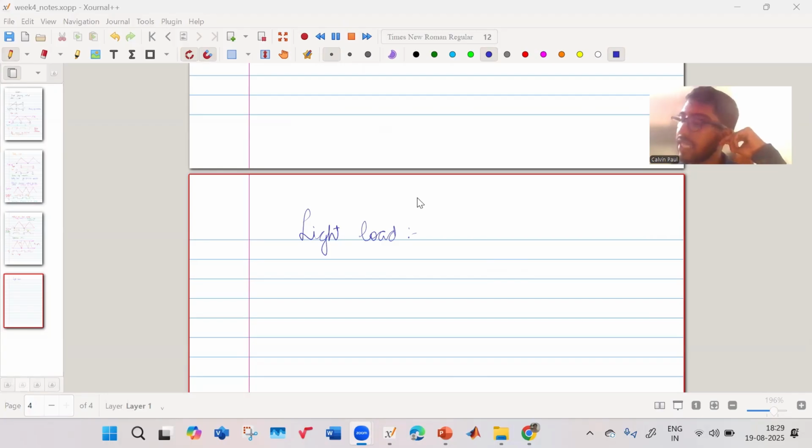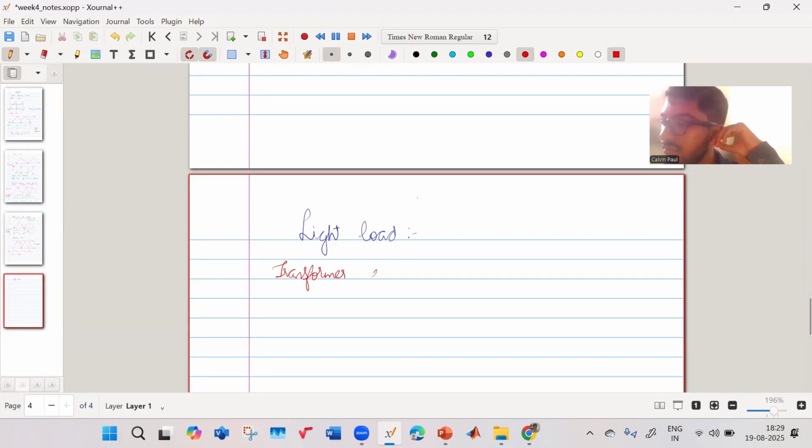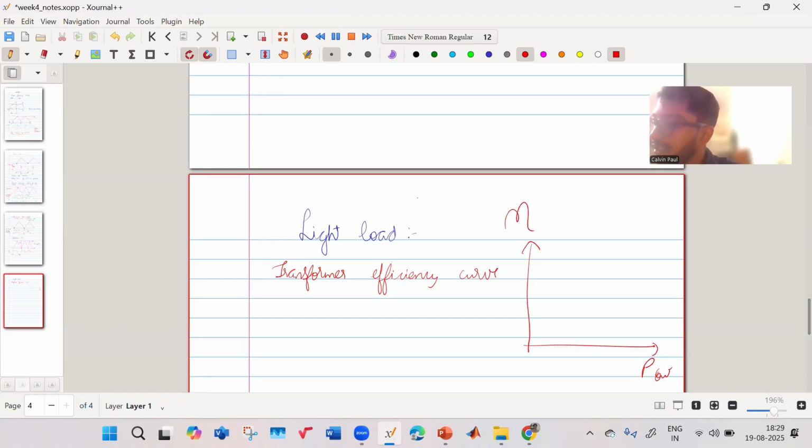Okay. Does anyone know about the transformer efficiency curve? What happens in a transformer efficiency curve is this is your power output and this is your efficiency.